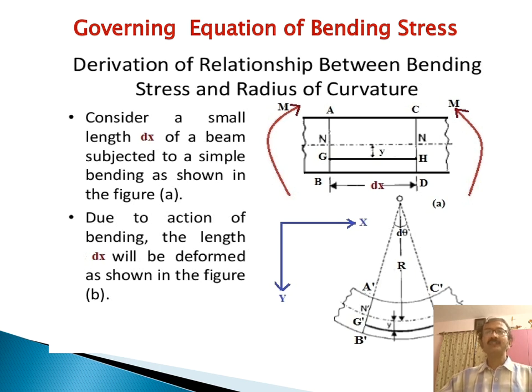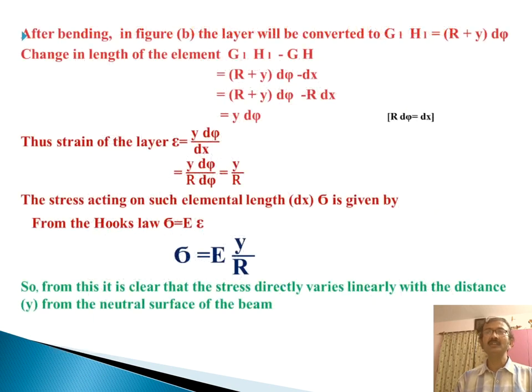After bending, from this figure it is clear that G1H1 will be (R plus y) into d phi. Now the change in length of the element dx, that is G1H1 minus GH, is finally y d phi.